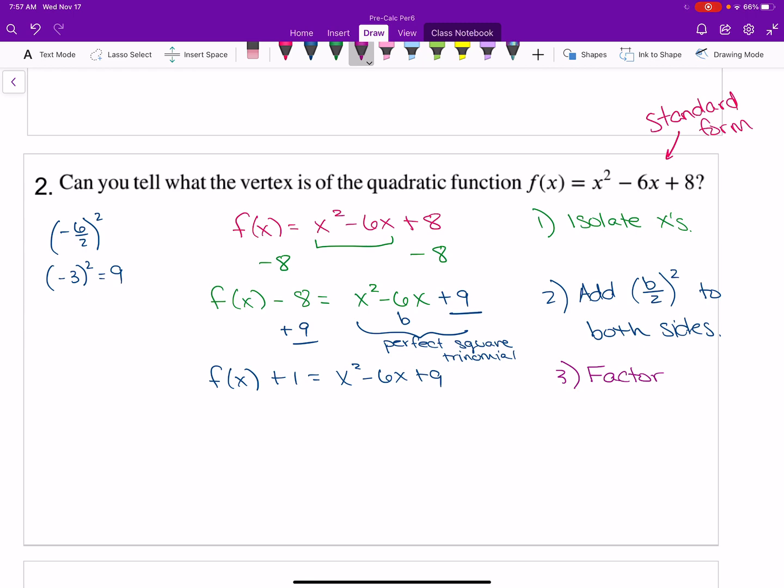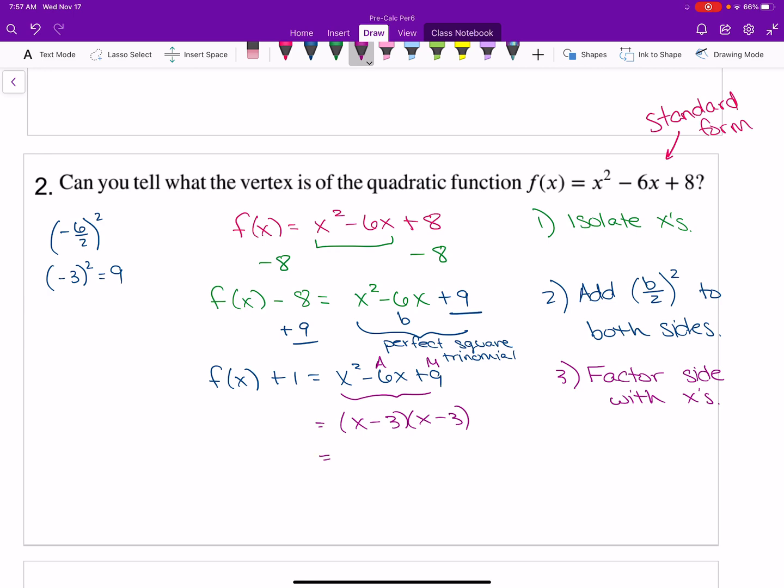It should be the same factor twice. So you're factoring the side with the x's. You get x minus 3, x minus 3, adding to negative 6, multiplying to positive 9.